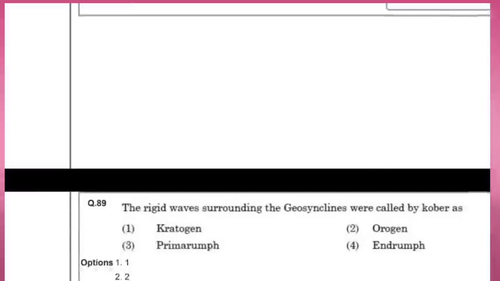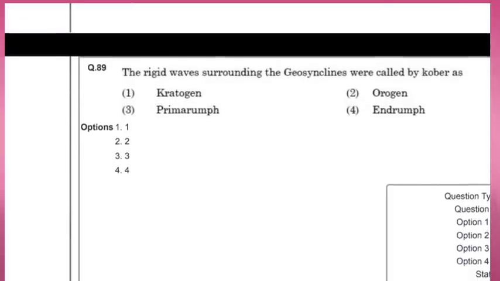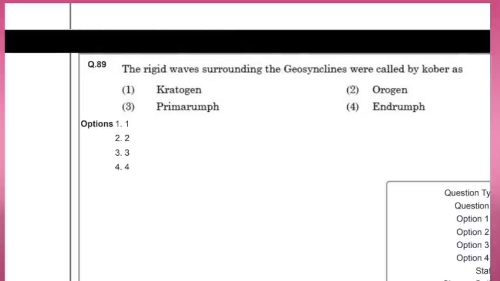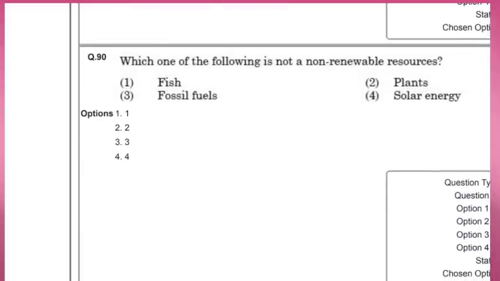Next question: the raised wave surrounding the geosyncline was called by Cuvier as? Very interesting question. Option 1, Cartogen, is the right answer. Next question: which one of the following is not a non-renewable resource? Very common and interesting question. Solar energy is the correct answer.